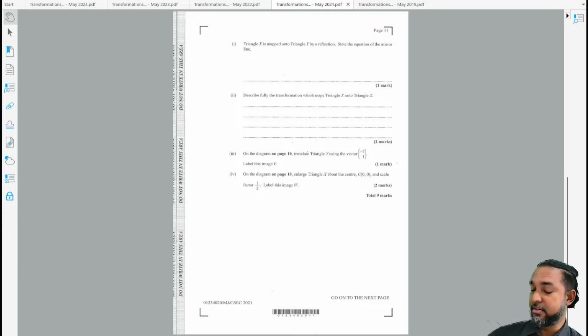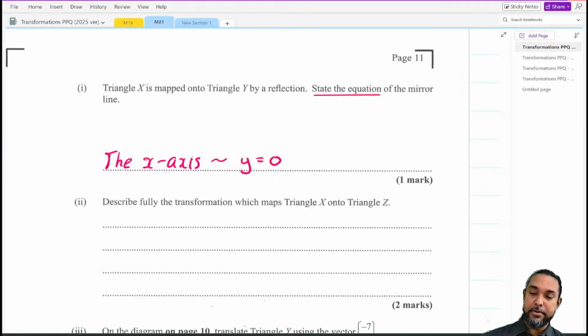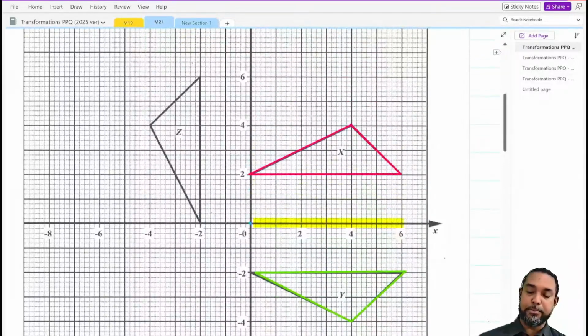Okay. So Nicholas asked a good question. Is it always about the origin? In most of these CSEC questions, the answer is yes. However, you can rotate about any point. You could actually pick a point in the shape itself and rotate about that point. Imagine putting your phone on the table and putting your finger in the middle and spinning it.